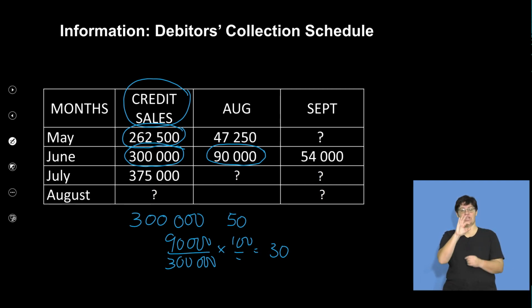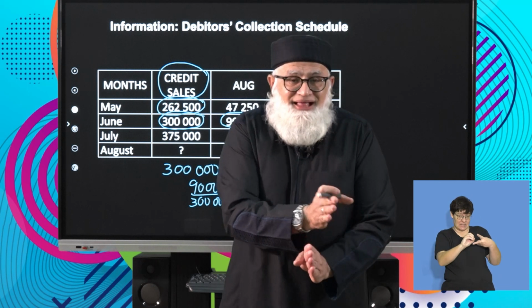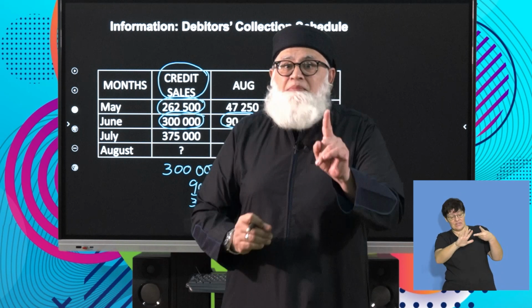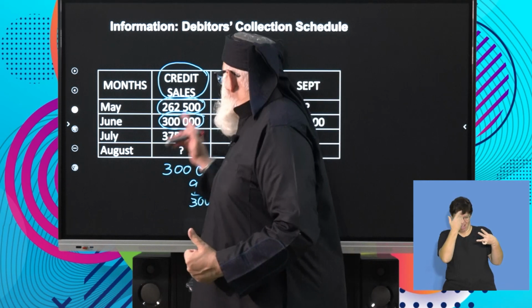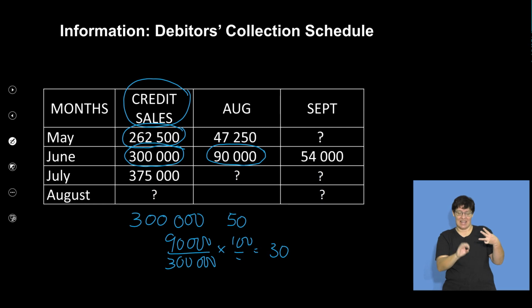This indicates to me that the percentage I'm receiving, we said 50% in the month after the month of sale. Thereafter, I'm receiving 30%. And how did I do it? Can you see June's figures are filled in for you?